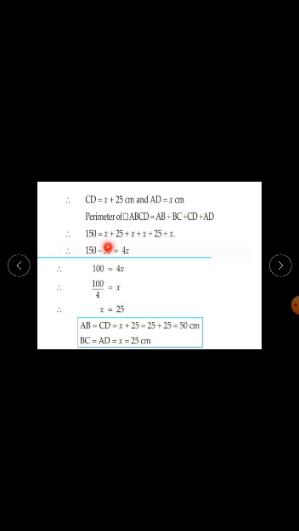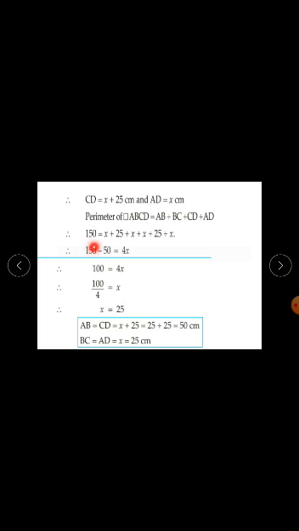AB is x plus 25, BC is x, CD is x plus 25, and AD is x, so substitute each of these.